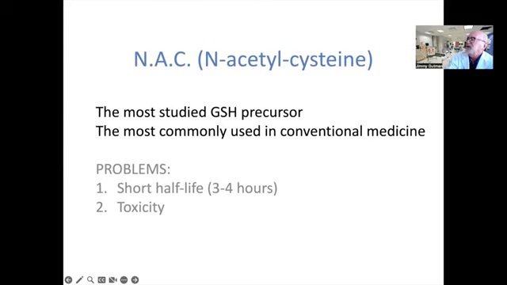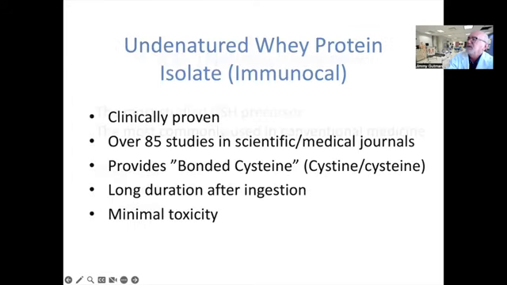And because it should be taken multiple times during the day, you'll feel 3 times as sick the third time you take it. It's also not recommended for long-term usage because of the buildup of oxidized cysteine, which can turn into a situation called hypercystinemia, which is a pro-oxidant state.